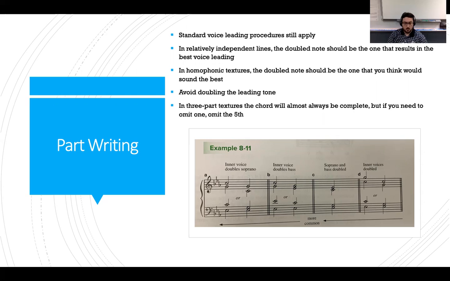Here, this is actually 1/6 chords in the key of C minor. So C minor. We start with this inner voice doubling the soprano. We may have something like this. Tenor voice doubles the soprano there, or maybe we have tenor voice again doubling the soprano, but just different notes.